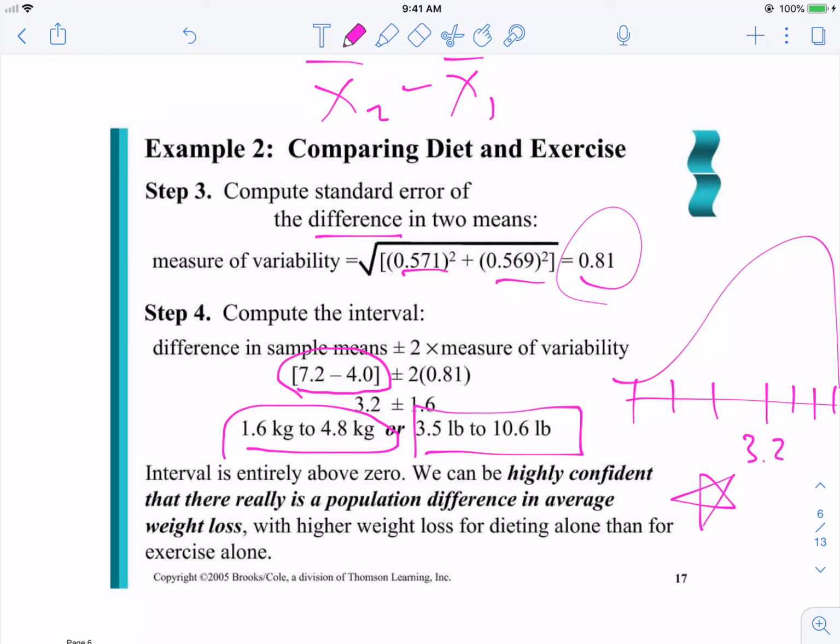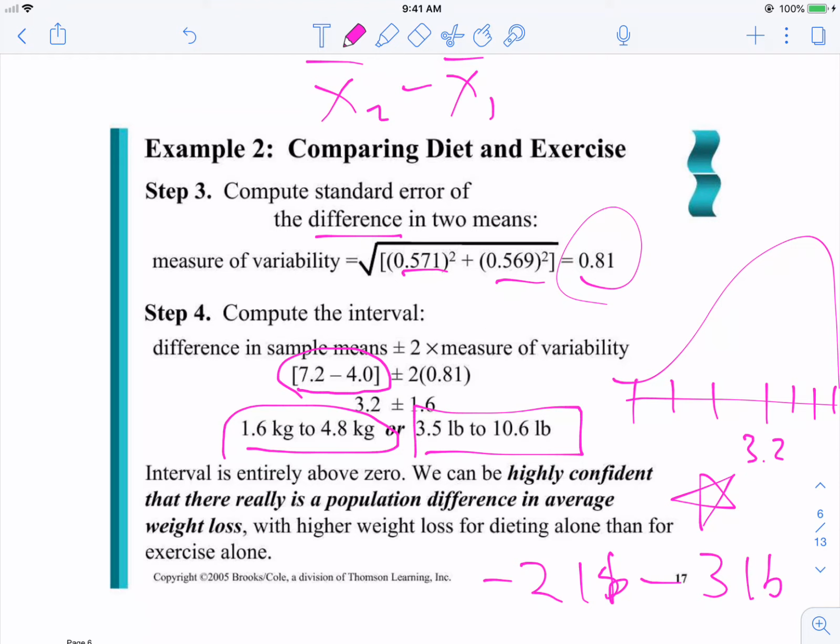So if our interval ranged from, let's say, negative 2 pounds to positive 3 pounds, between diet and exercise, then a difference of negative 2 pounds could be a 2-pound difference from exercise to diet versus a 3-pound difference from diet to exercise. And if there's a difference of 0, there is no difference between the two.